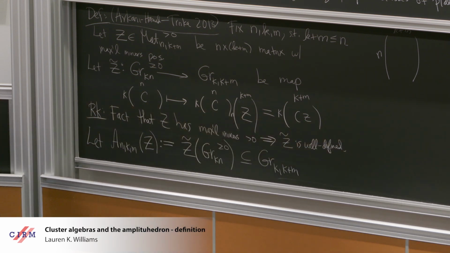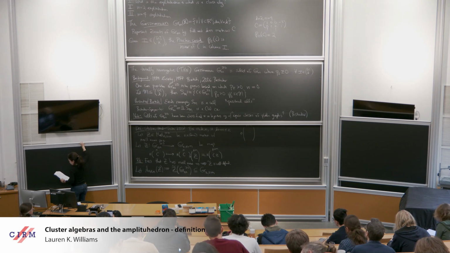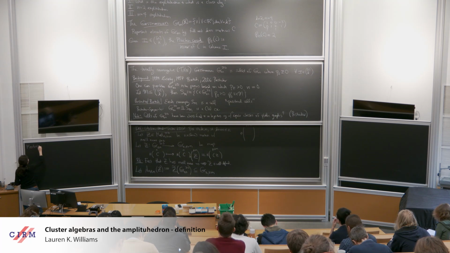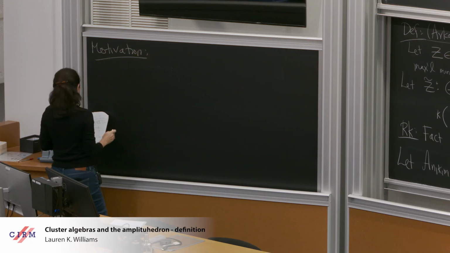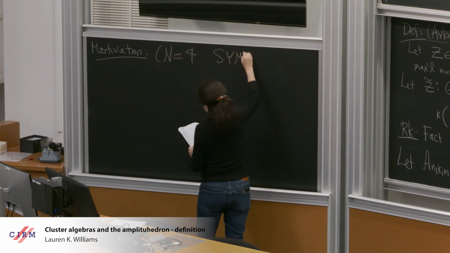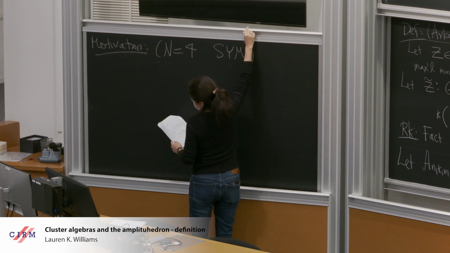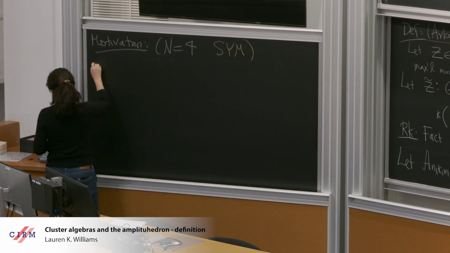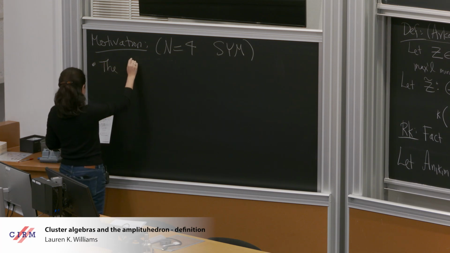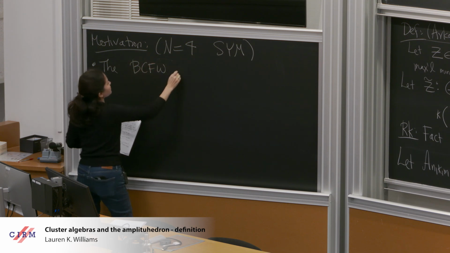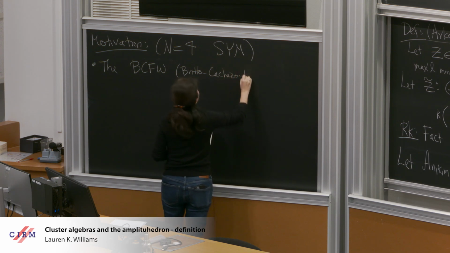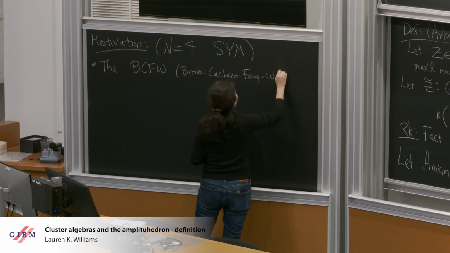Okay, so maybe I should say a few words about motivation here. The motivation is coming from N equals 4 super Yang-Mills theory. There was this famous recurrence, the BCFW recurrence. BCFW stands for Britto, Cachazo, Feng, and Witten.